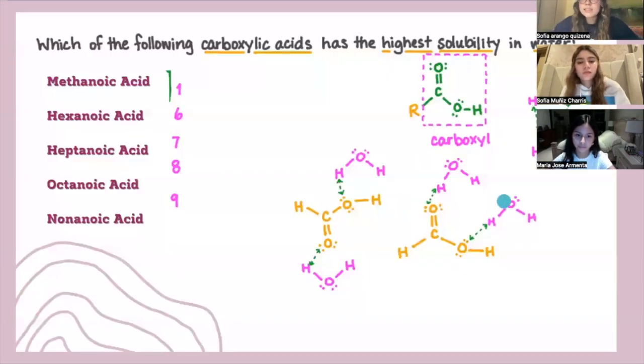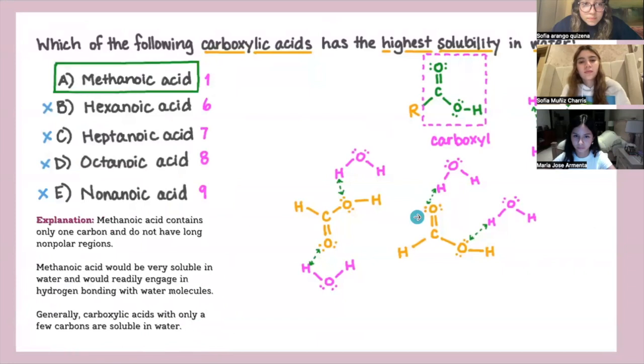If we were in an exam with our professor, Mr. Kevin, and we got the following question: which of the following carboxylic acids has the highest solubility in water? Take a minute to think and answer. And the answer is methanoic acid.